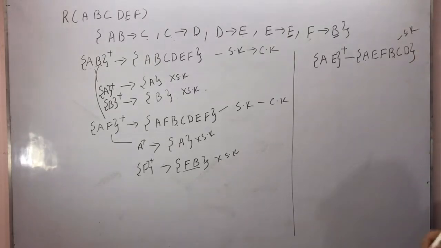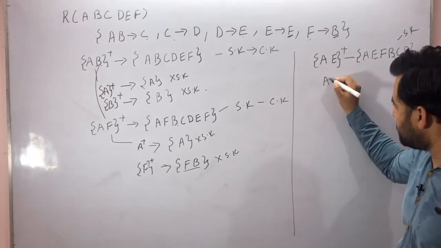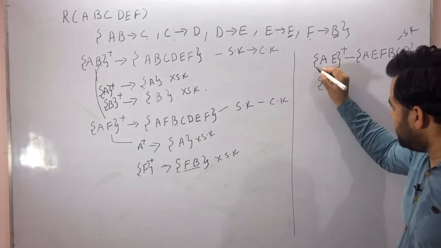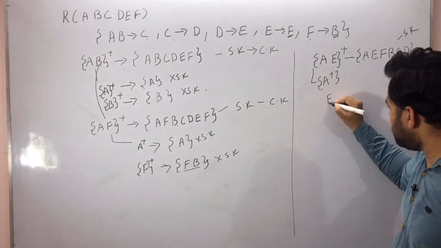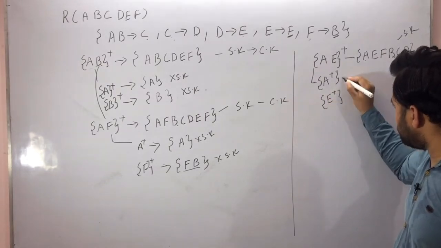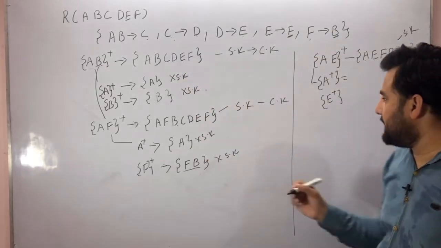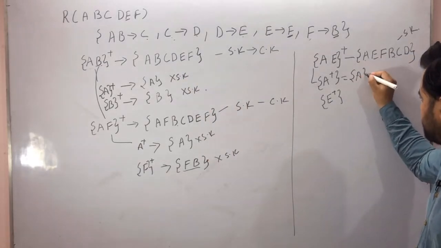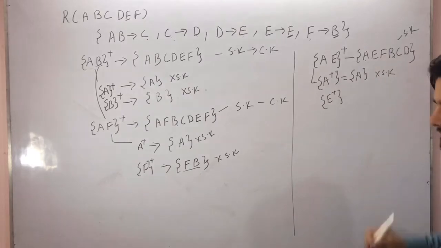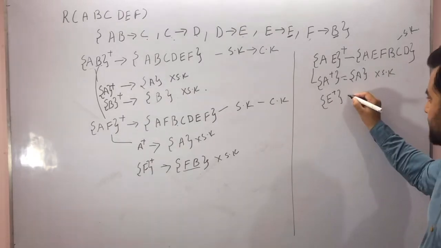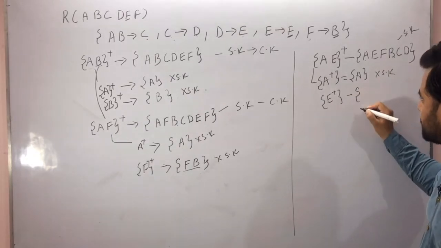I will find whether this is a candidate key. We'll take the closure of A and we'll take the closure of E also. So what is the closure of A? We already found that the closure of A is A only. So that means this is not a super key. We'll find for E. What is the closure of E?